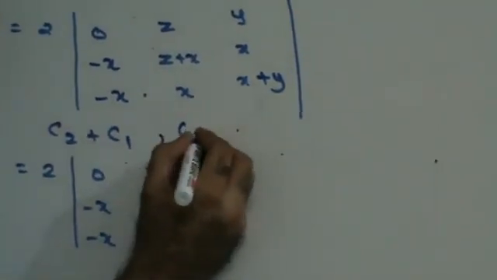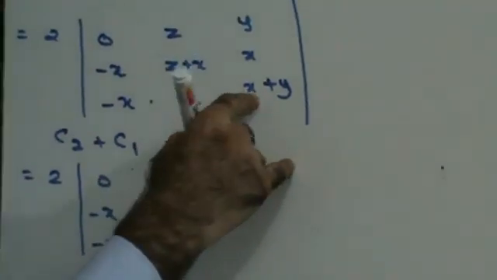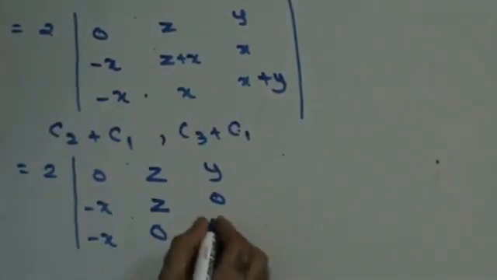Similarly, if I do C3 plus C1, Y plus 0, Y, X minus X, 0, X plus Y minus X will give you Y.